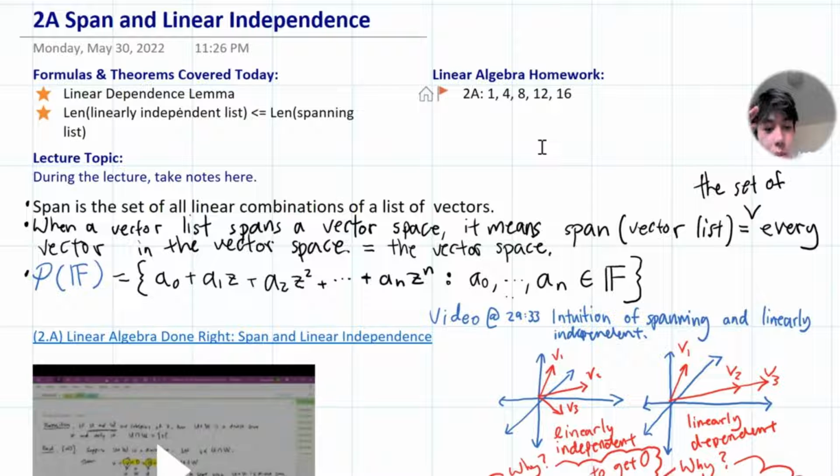Okay, so the span is the set of all linear combinations. So if you have a vector, I'm going to simplify this in F3. So you've got your x vector, your y vector, and your z vector. If you haven't seen it, you can do it with your hand like this, right? So I've got 3 vectors. The span of these 3 vectors is the entire space.